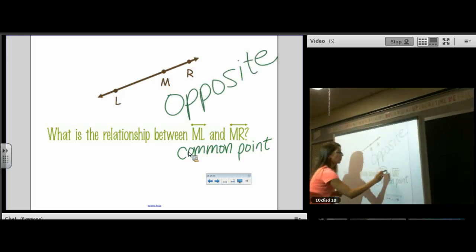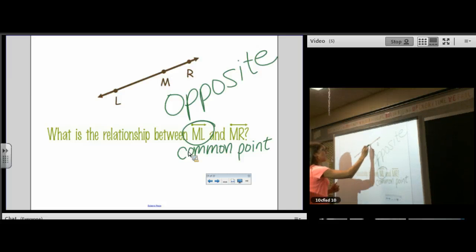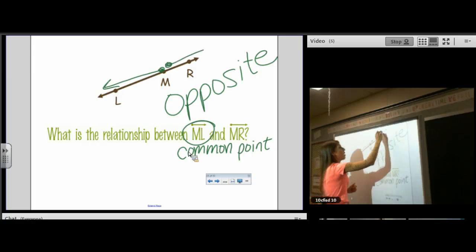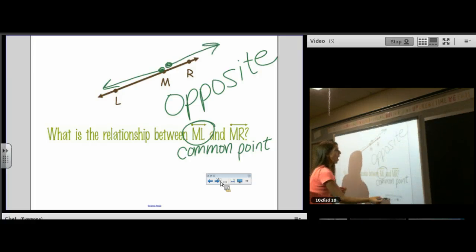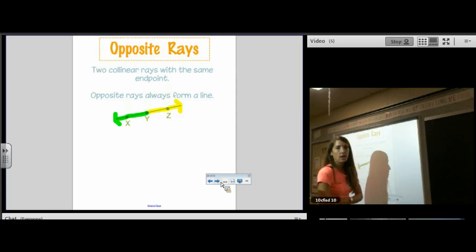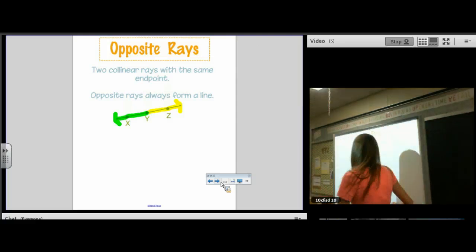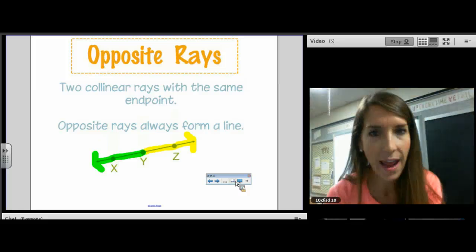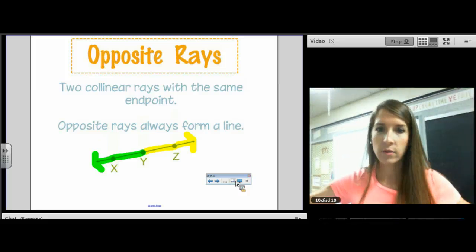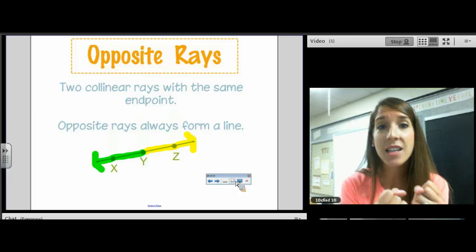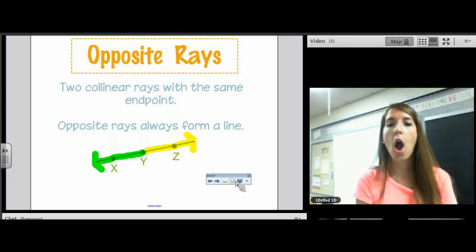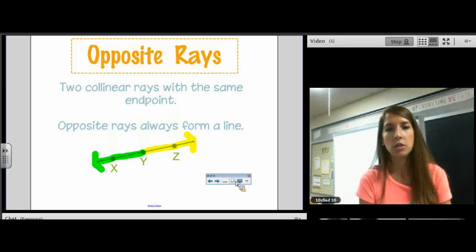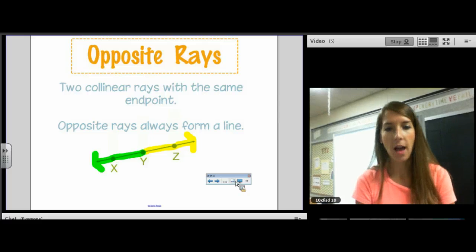Ray ML and Ray MR are called opposite rays. Two collinear rays, because they're all on the same line. They have the same end point, but they go in opposite directions. So two opposite rays always form a line.